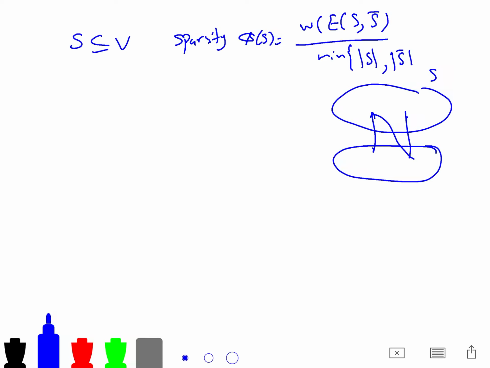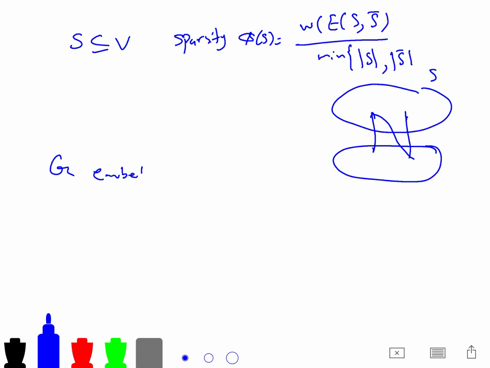The interesting thing I want to point out is that finding the cut with minimum sparsity is, as everybody knows, NP-hard. But I want to relate two different things.